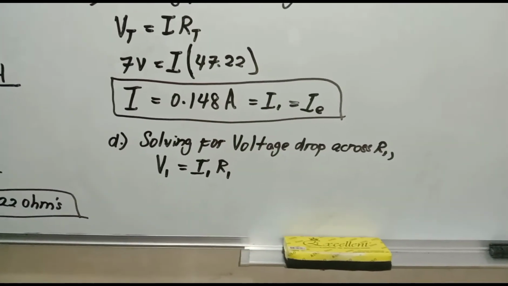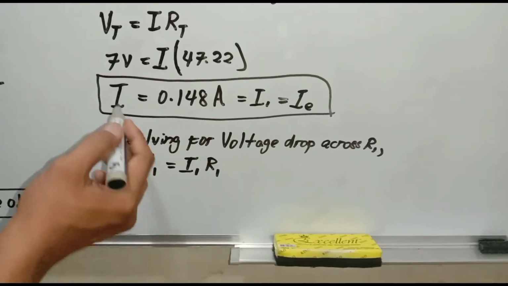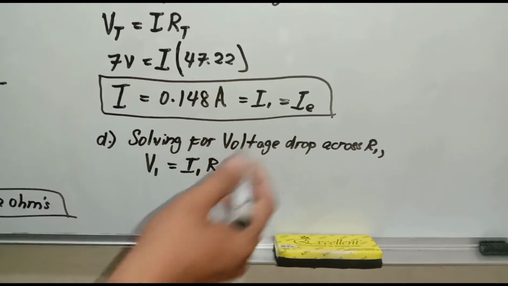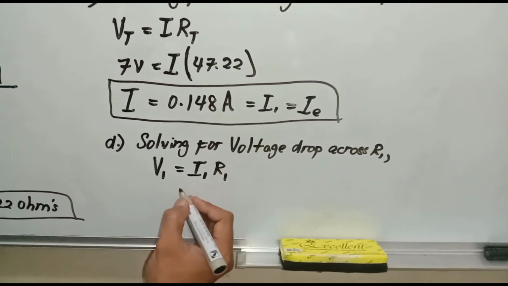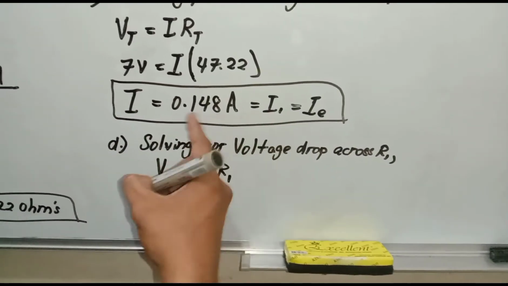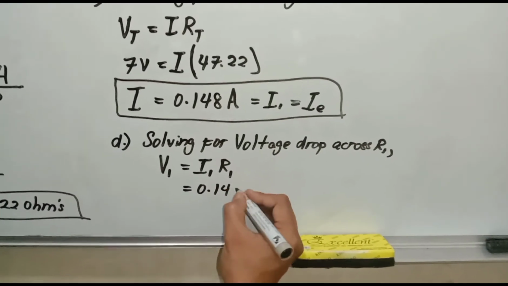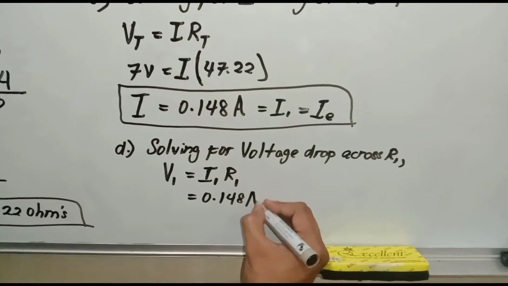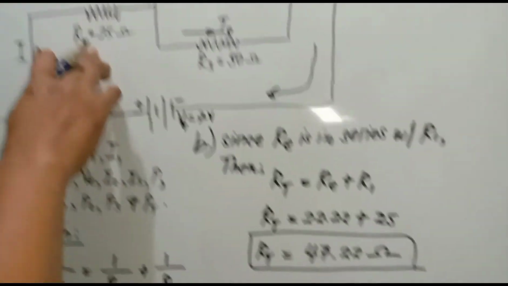We already have I1. I is equal to I1, also equal to the equivalent current. So I1 is 0.148 ampere times R1, which is 25 ohms.